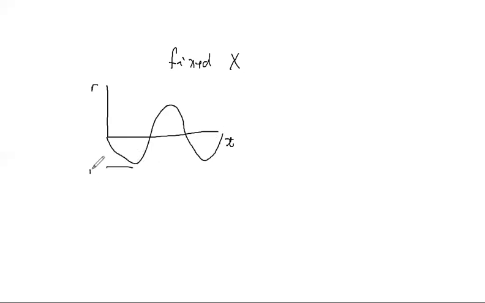Again, the amplitude is going to be R naught. Here, the distance from peak to peak is not going to give us a length, it's actually going to give us a time. It's the period, and that's going to equal 2 pi over omega. Or sometimes we write that as just 1 over the frequency, f.